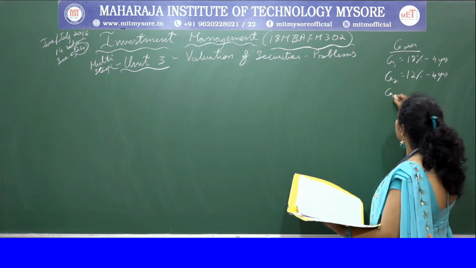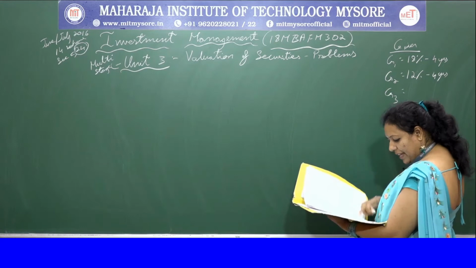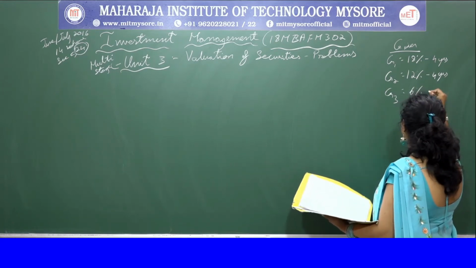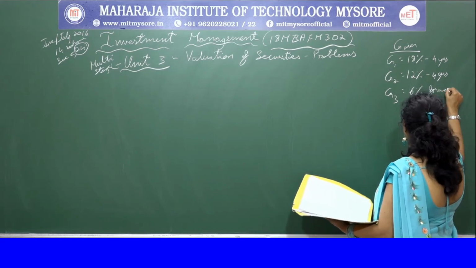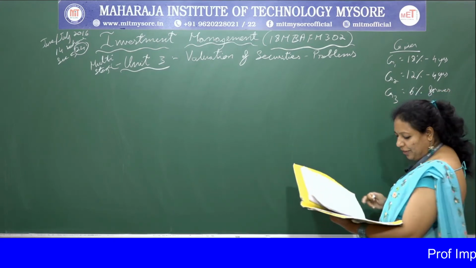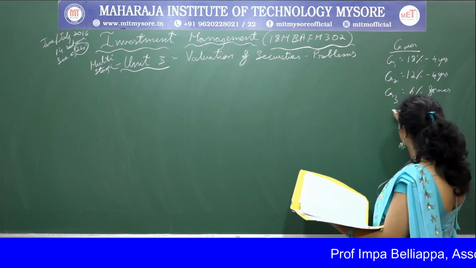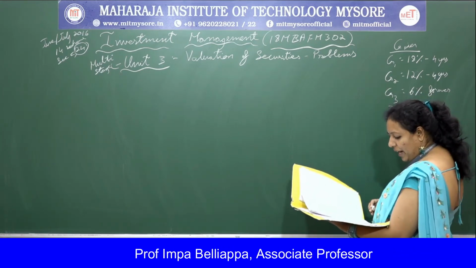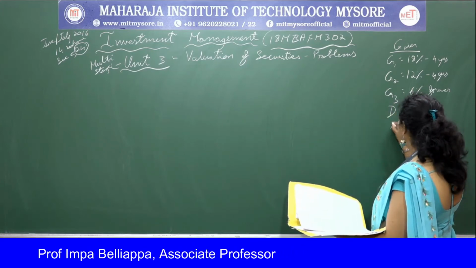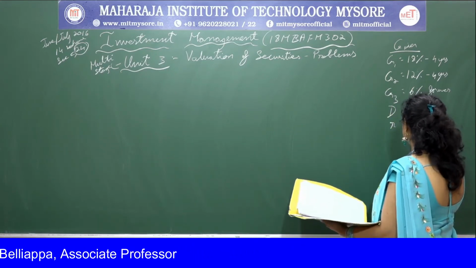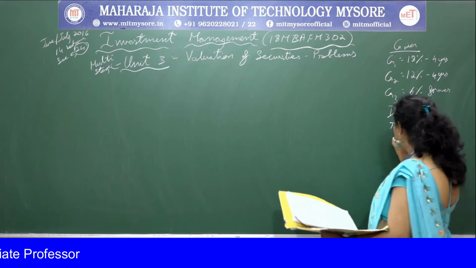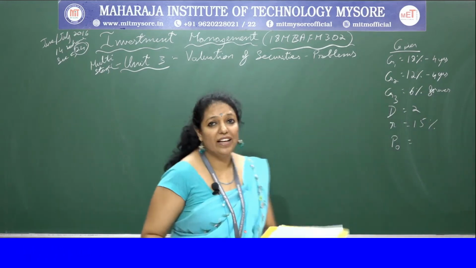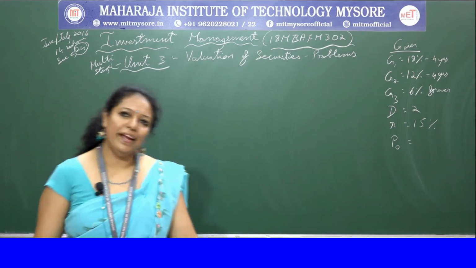Then comes G3, the growth rate of 6% forever. The last dividend is 2 rupees and the required rate of return is 15%. They have asked us to find the intrinsic value, which is P naught.